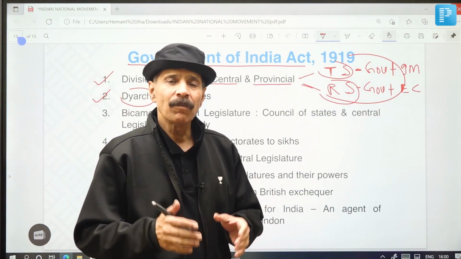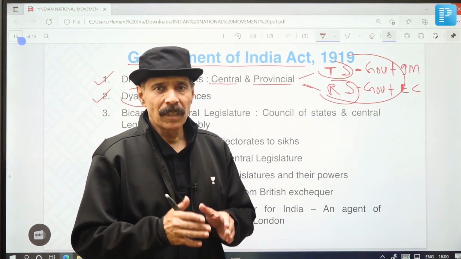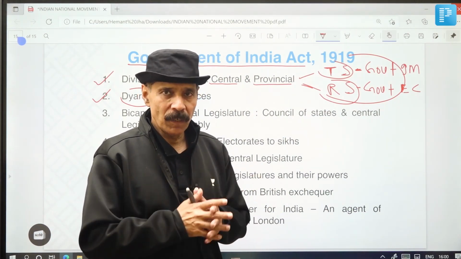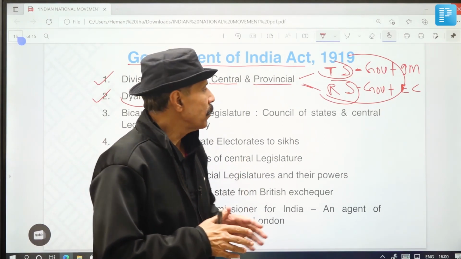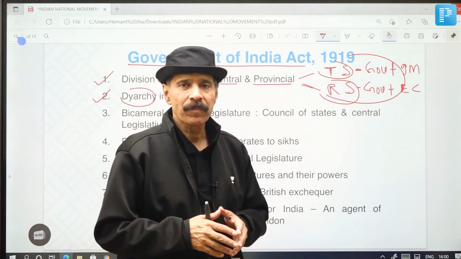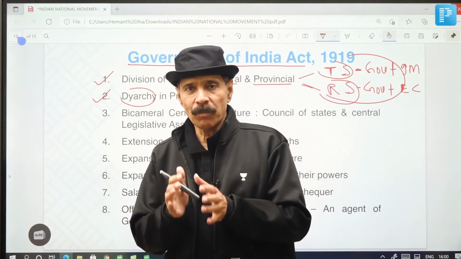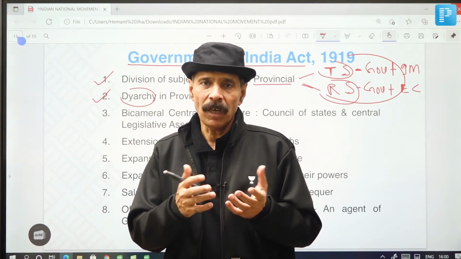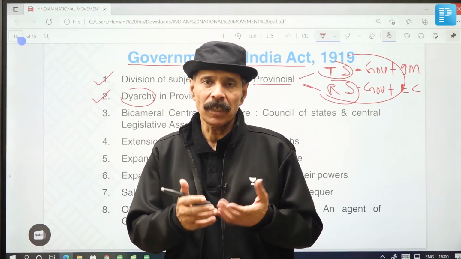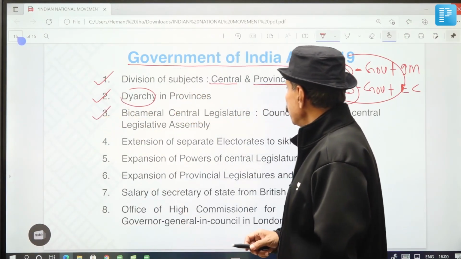So you can say a very little self-government was given because there was no self-government at central level and there was no complete self-government at provincial level. So this was the response of the British government to the nationalist demand of Swaraj or self-government or self-rule or home rule.